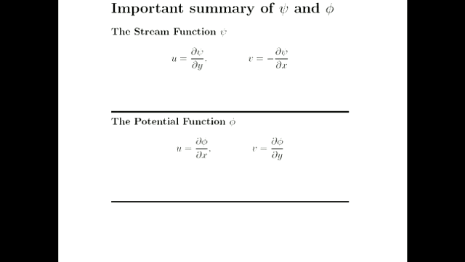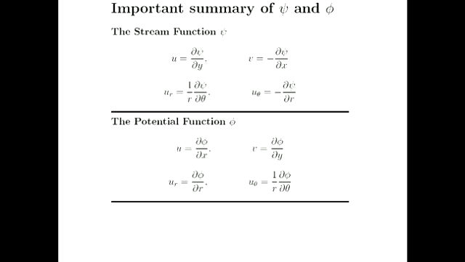Okay, so let's build up another one of these cheat sheets, which I suggest you print out and pin on your wall during SWOT-VAC. We've got a definition in Cartesian coordinates for the stream function at the top, and a definition for the potential function given below. In Cartesian coordinates, that's very straightforward.